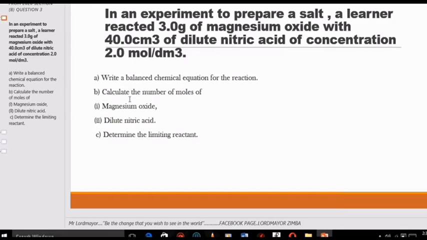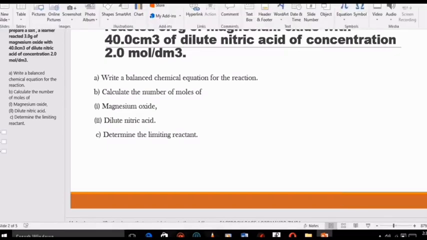B. Calculate the number of moles of (i) magnesium oxide, (ii) dilute nitric acid. C. Determine the limiting reactant. So the questions, you can be referring to them from here.